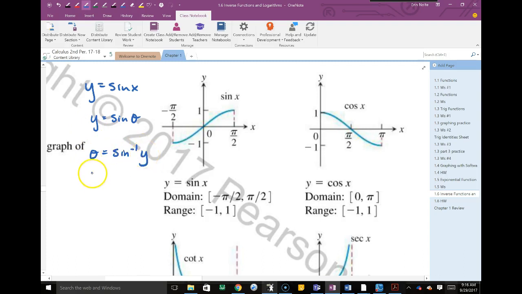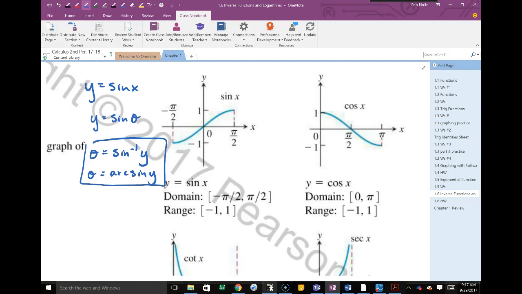Have you guys heard of the arc sine? No? Okay, so arc is the same as the inverse of sine. These two things are saying the exact same thing. Depending on the calculator you're using, your calculator here sees inverse this way, but there are different calculators like Desmos that would call this arc sine, and you can graph that function.